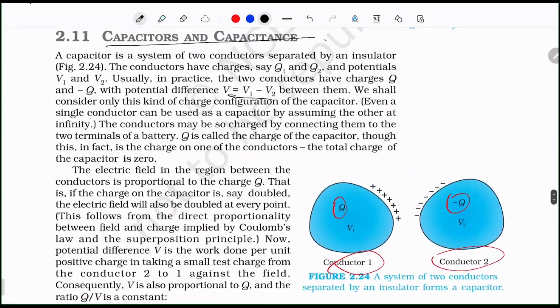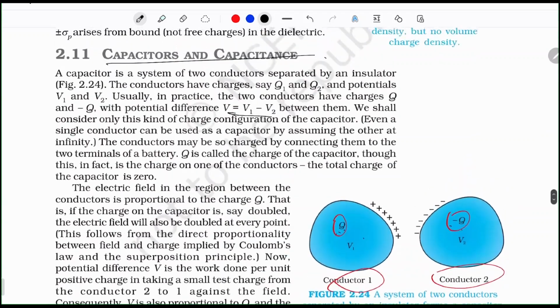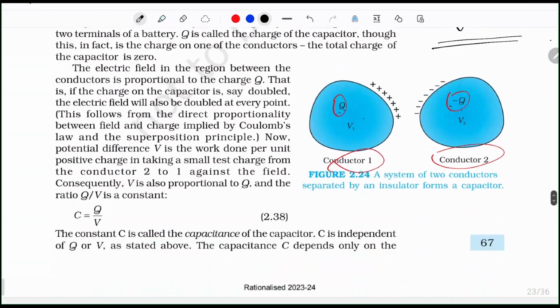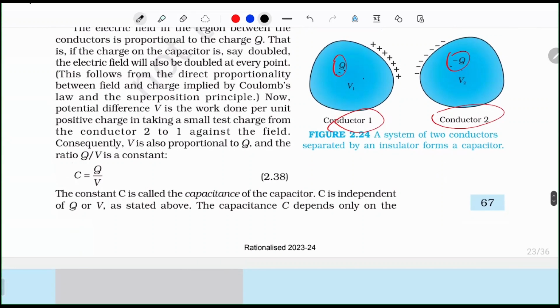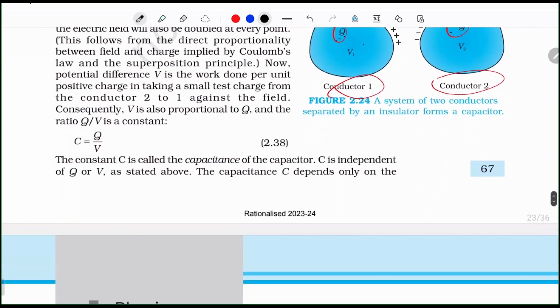And it so happens that the greater the magnitude of the charge, that is, if you double the charge on conductor 1 and make the negative Q double, like minus 2Q, then the potential difference also doubles. Therefore, you can define a constant which is Q by V. This constant is called the capacitance.